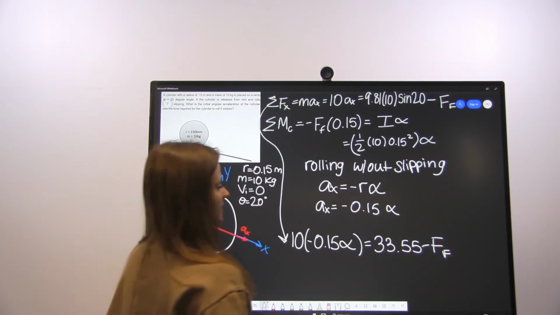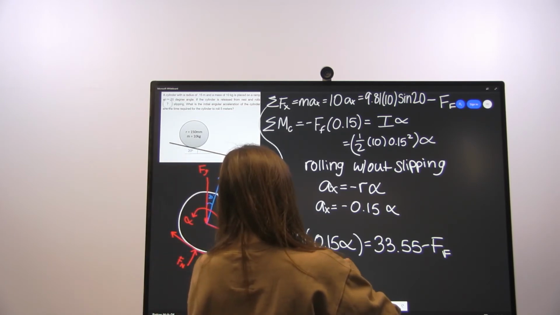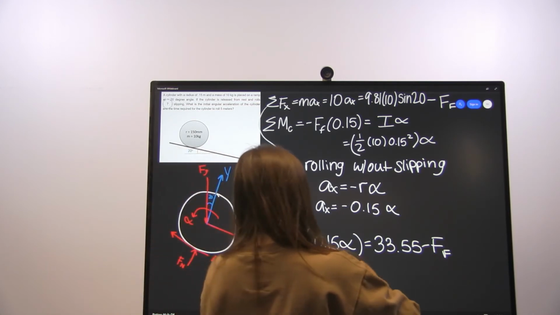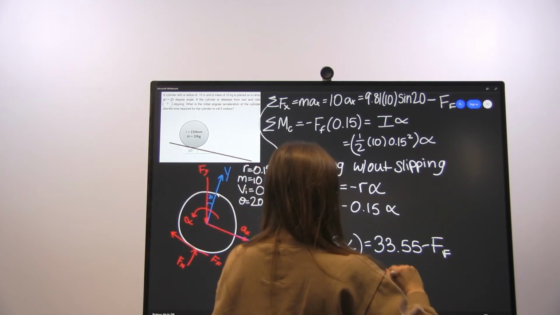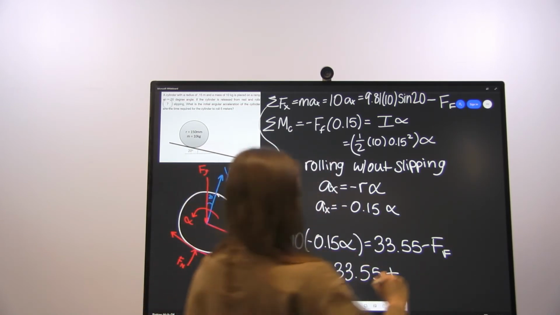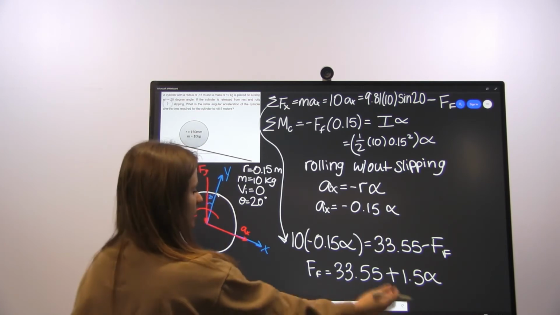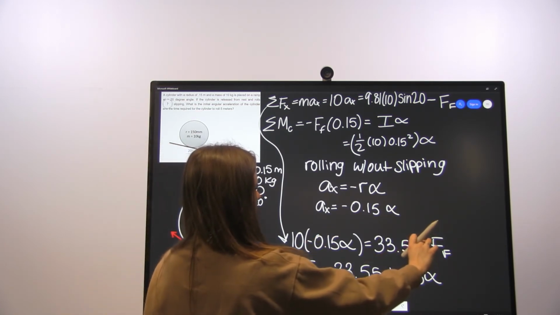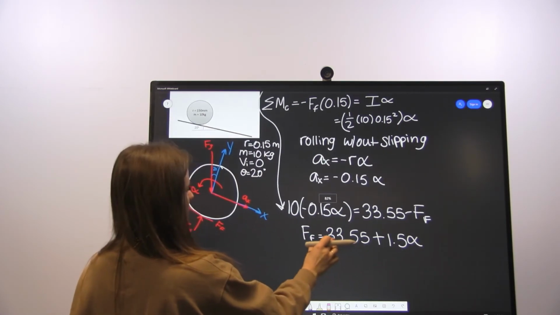And so when we solve for this, we get force of friction is equal to 33.55 plus 1.5 times the angular acceleration. The 1.5 is just this simplified, and we moved this over and then moved the force of friction over as well.